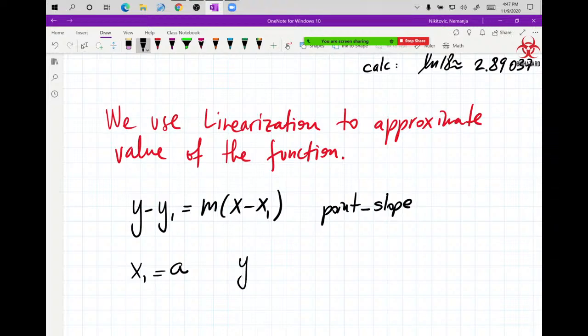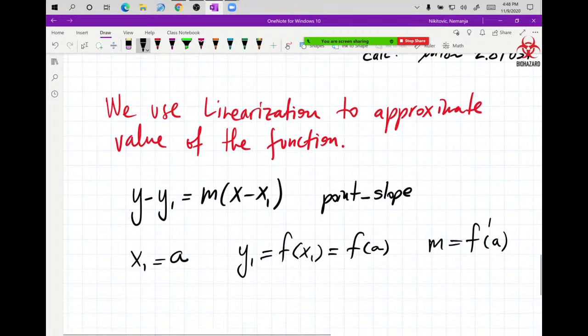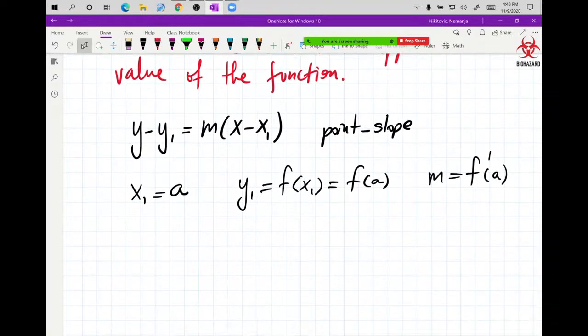Now that immediately means that y1 is f of x1, which is in turn f of a. And finally, we know that the slope is f prime of a. Well, I hope you see that everything depends on you picking the value correctly. So if you pick a terrible point, the whole thing immediately is wrong.